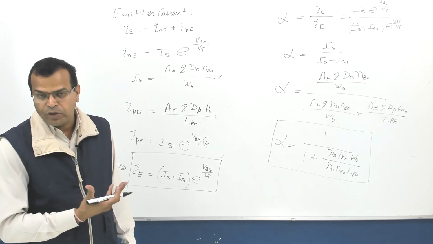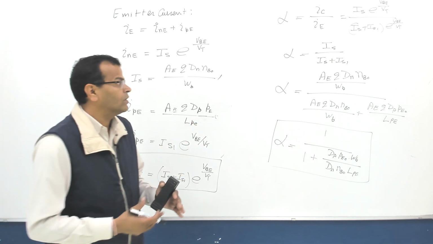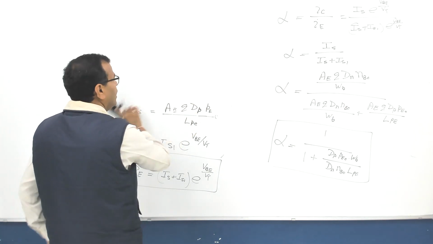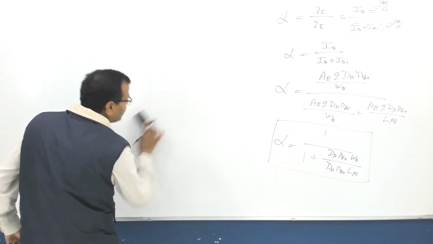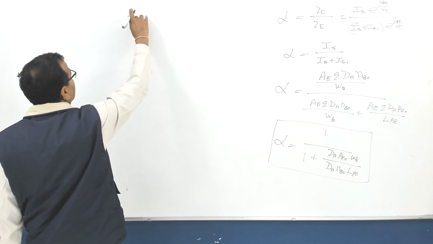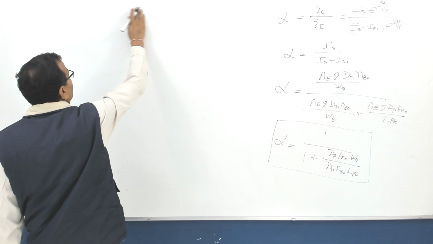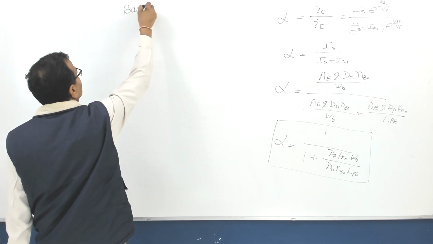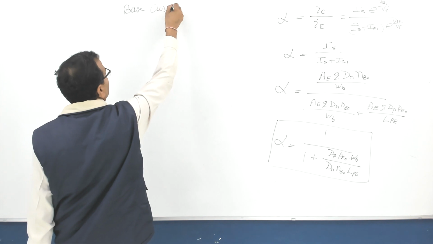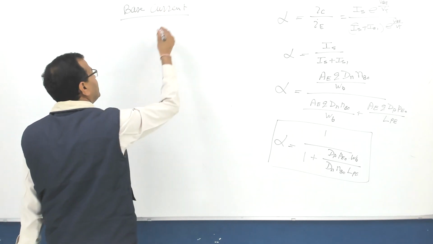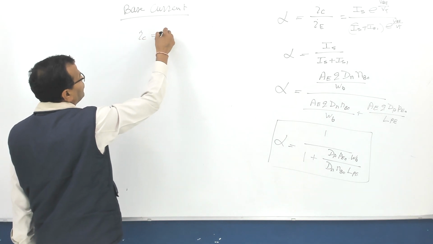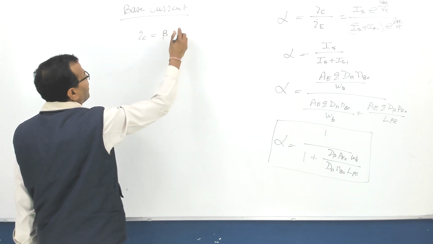Although there was no question on this in past, I cannot say that you can simply neglect it. Fine. Now, what is the relationship between the collector current and base current? Last part of this topic is the base current. IC is nothing but beta into IB.